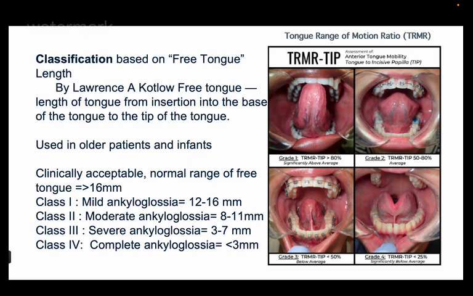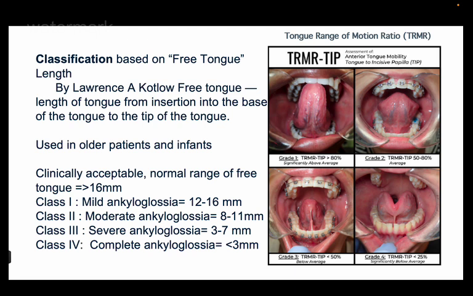So how do you classify ankyloglossia? Free tongue length is a major measure, described by Lawrence Kotlow. It is the free length of the tongue from the insertion into the base of the tongue to the tip of the tongue.